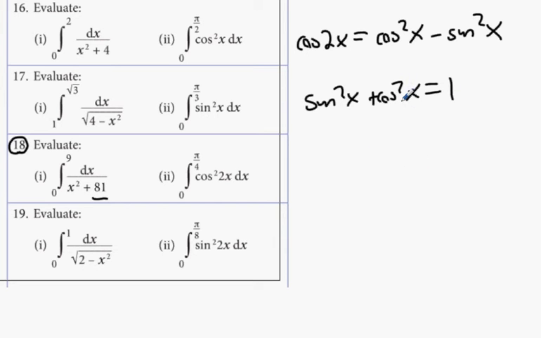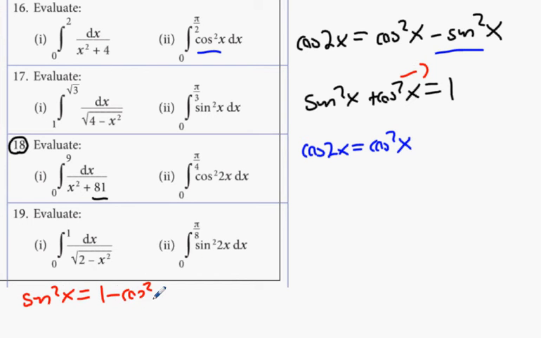So we can say that, for instance, if I want cos squared x, all I have to do here is this. I'll change sine squared x. Cos 2x equals cos squared x minus sine squared x. Sine squared x on its own, if I move the cos squared x over the other side, will equal 1 minus cos squared x. Everybody happy with that? So then it's cos squared x minus bracket 1 minus cos squared x.